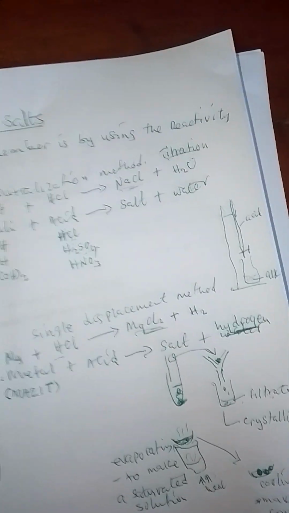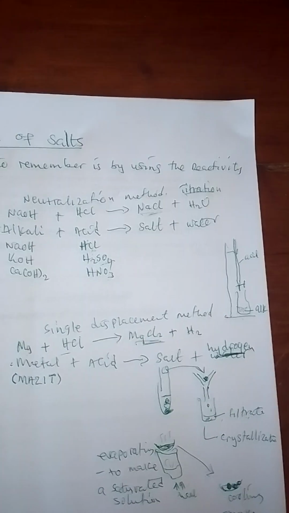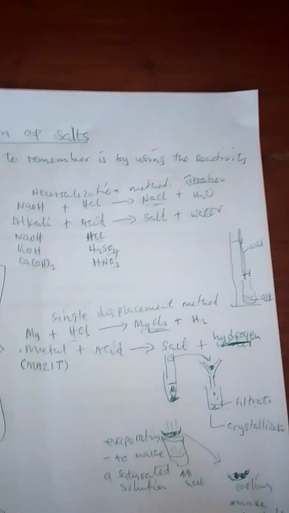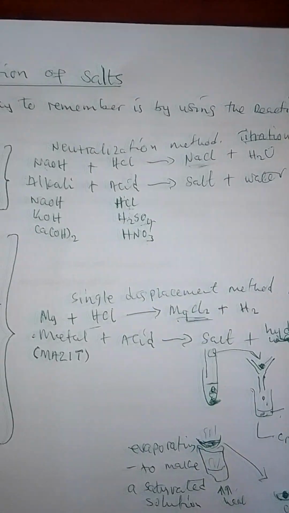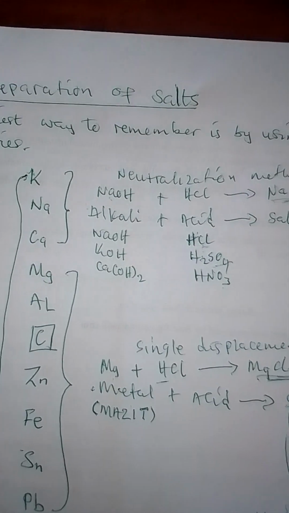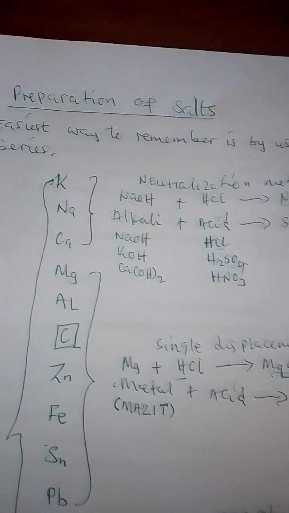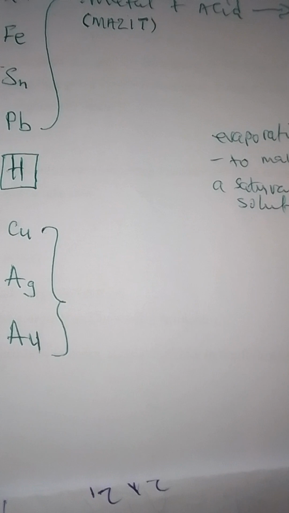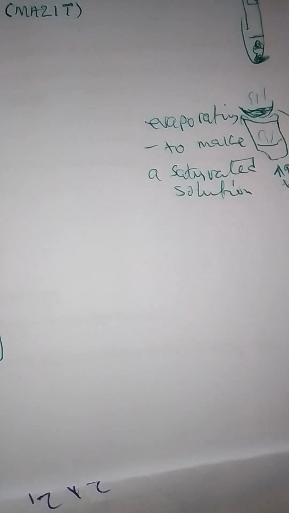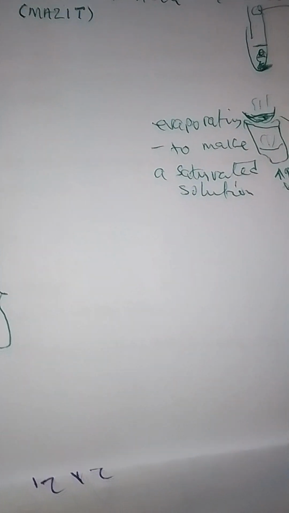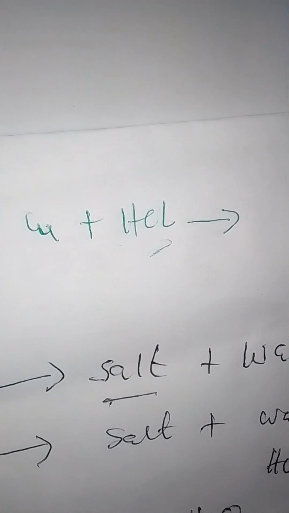Therefore, let's move on to the other method that we can use to prepare soluble salts. Okay, another one is this. For instance, from this reactivity series, if I say copper plus HCl, or any other acid, do you think this reaction can proceed?